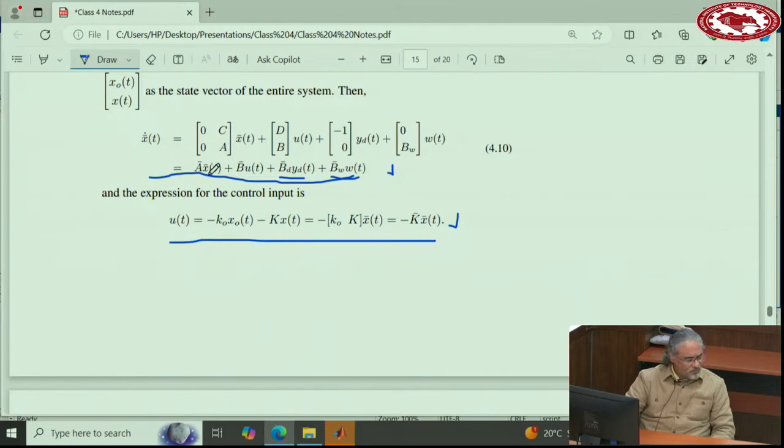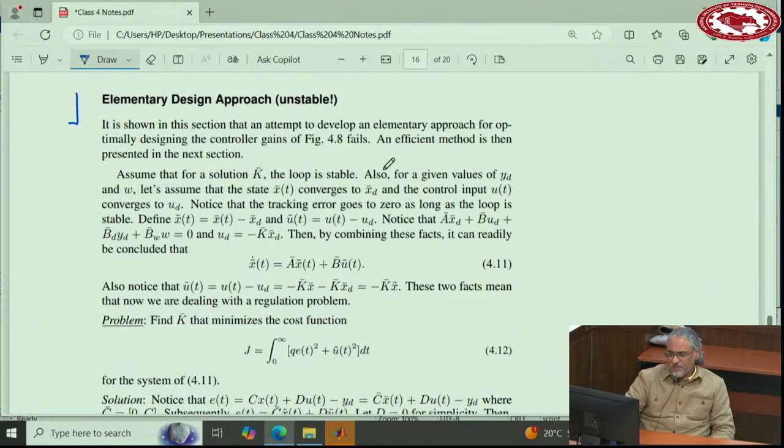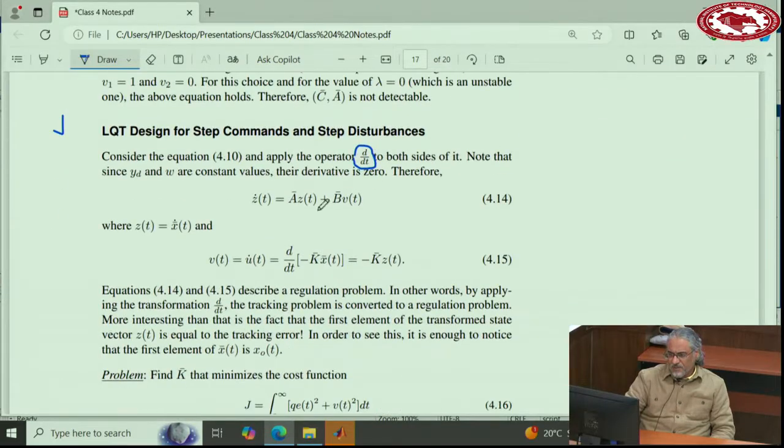Let's call the derivative of x equal to z and the derivative of u equal to v. So you will get these equations. z dot equals A bar z plus B bar v. And then v is the derivative of u, which is the derivative of this state feedback. So it becomes K bar into z. So now we converted that problem into a regulator, like an LQR problem, using this approach.